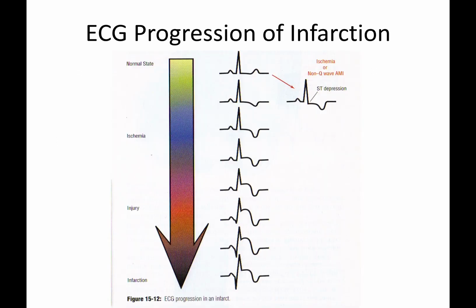All right, so this is probably one of my next favorite diagrams of all time. I think it encapsulates the progression of an infarction better than I've ever seen one done. And the idea is this. You have a normal, and we'll just say this is in the 2 lead because everyone's used to looking at the 2 lead. So the 2 lead will show a normal QRS right here.